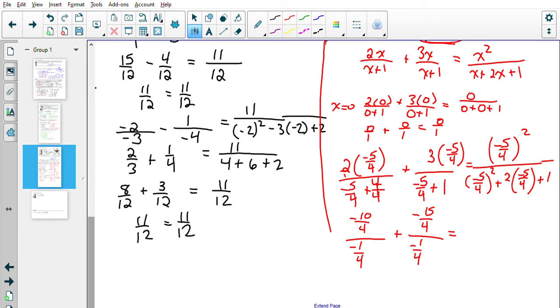Equals negative 5 over 4 squared is 25 over 16. And here on the bottom, I'm going to get 25 over 16, and then I get negative 10 over 4, and then I get plus 1.